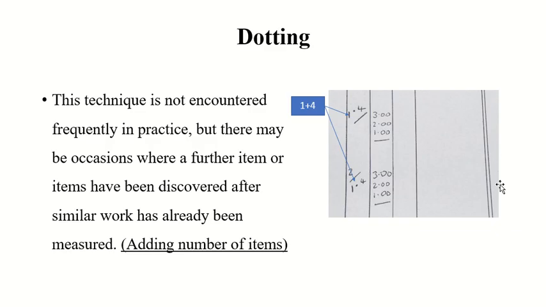Now, the dot. You wrote 2 or 4 for some item. Later on, you found that you have missed one extra item somewhere. Or you did not miss, but now the client is saying, I need one more, I need a back door as well, for example. So we don't do cutting and crossing and so on. You put one dot.